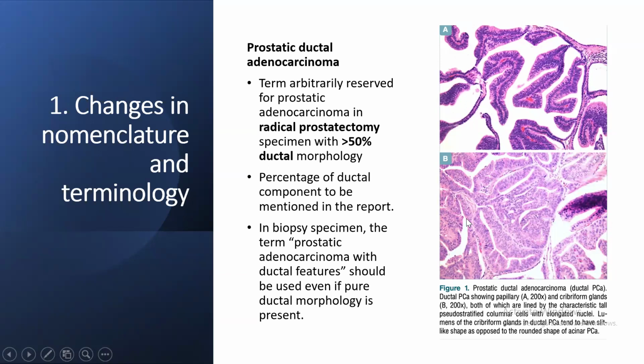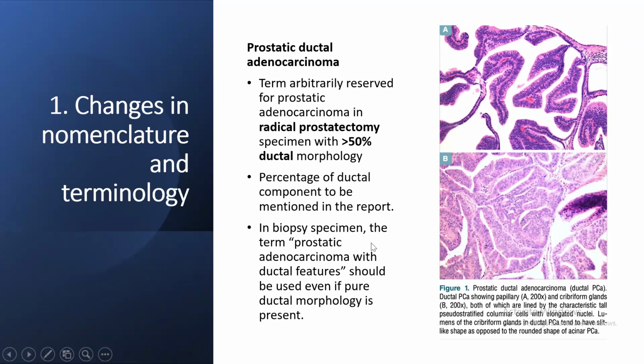And then coming to prostatic ductal adenocarcinoma. As a term, it is reserved for prostatic adenocarcinomas in radical prostatectomy specimens. The diagnosis of prostatic ductal adenocarcinoma should be given only in a radical prostatectomy specimen, where more than 50% ductal morphology is present.